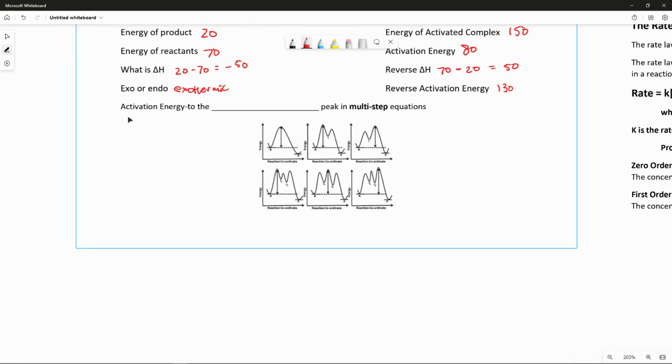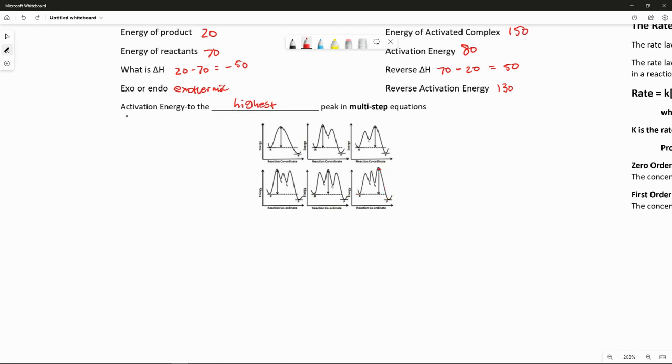All right, activation energy. Activation energy is always looked at on the highest peak in multi-step equations. If you look at this graph, it's kind of small, but we have one curve. So the highest curve is going to be the activation energy. But for these, let's take a look at the last one here. We have many curves.